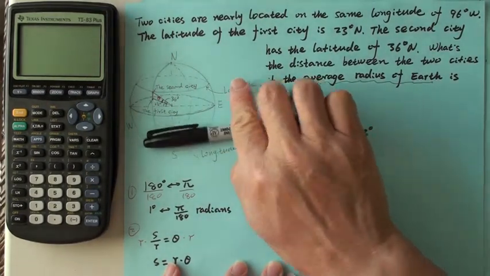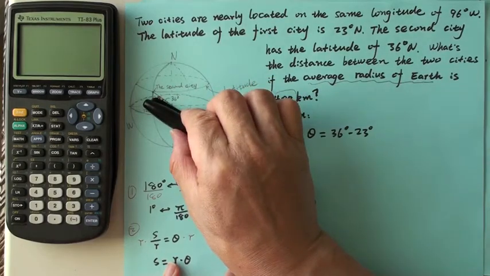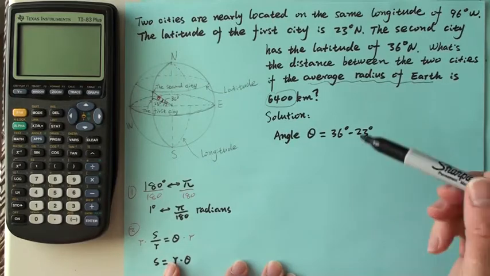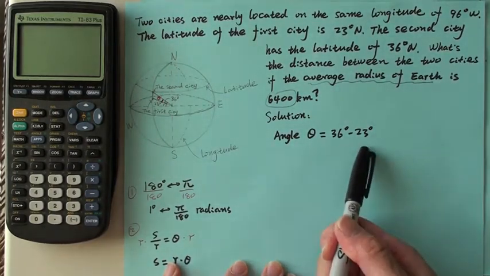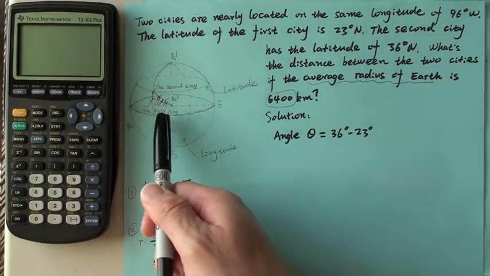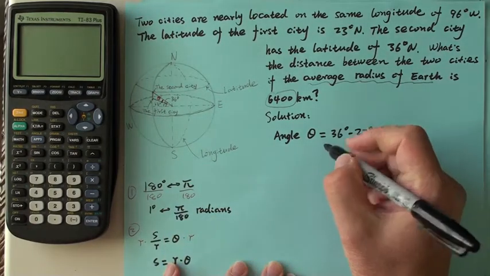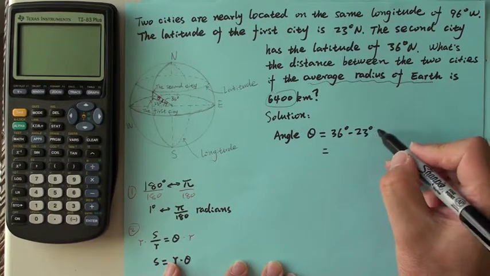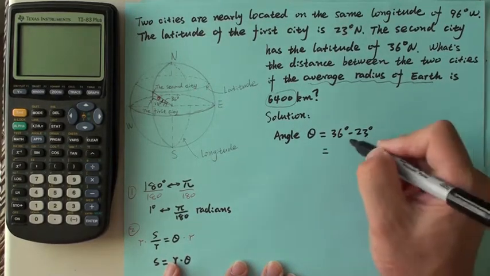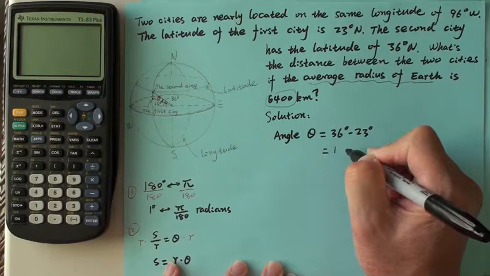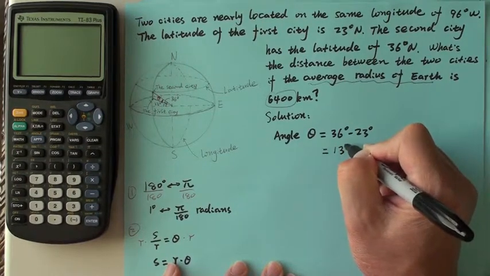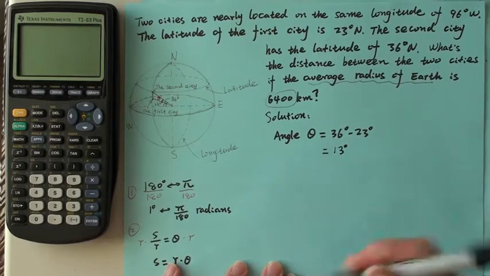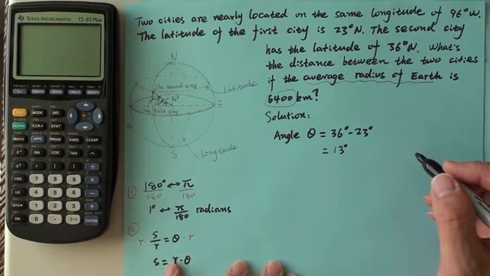You see, one is raised up to 23, another raised up higher, 36. And then the difference of these two angles will be theta, which is in the graph. So 36 minus 23 is 13 degrees. So the central angle is 13 degrees.